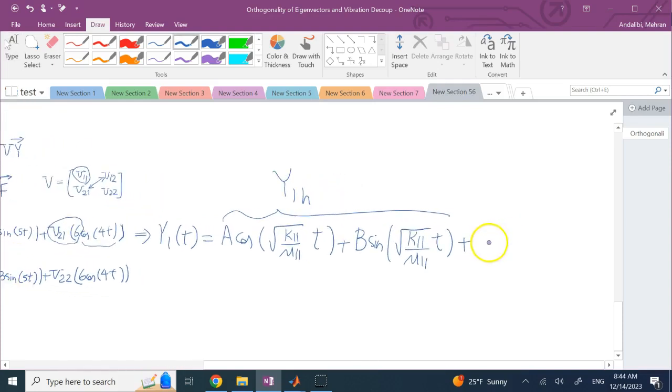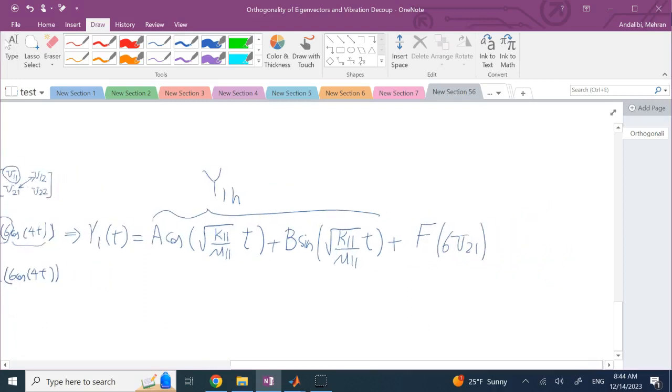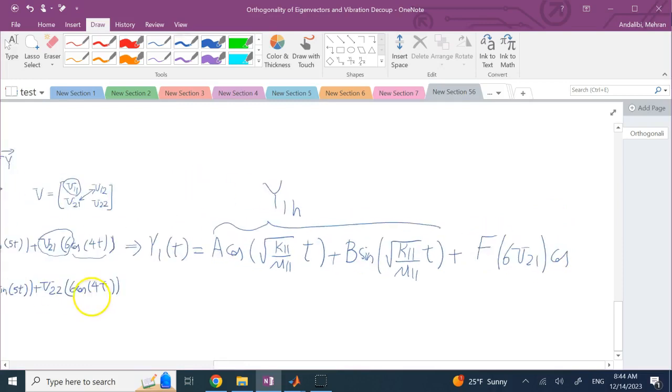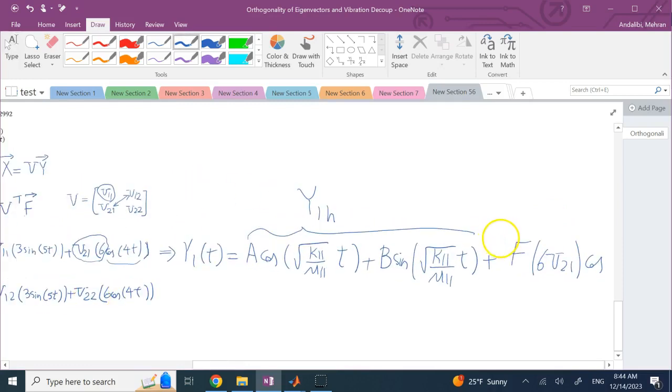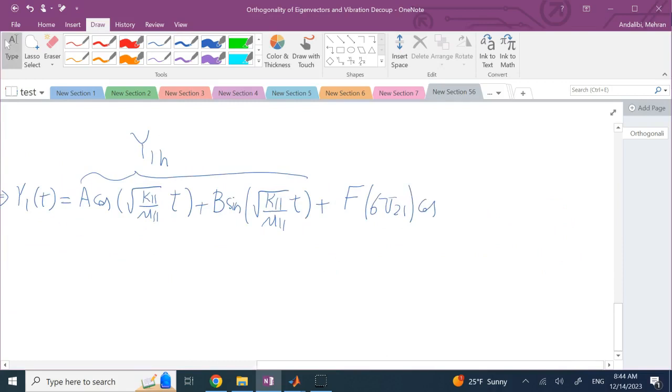So it's going to be some amplitude modification function, like some F1 times 6 V21 times cosine of 4t plus some phi, you might call it phi1.